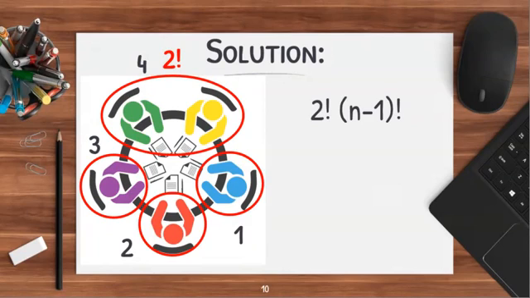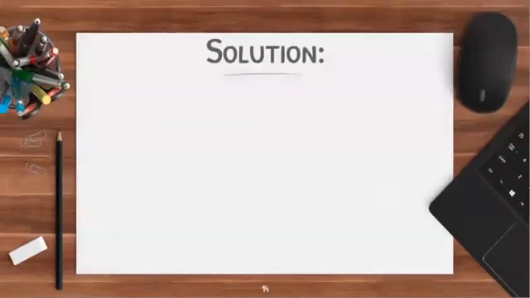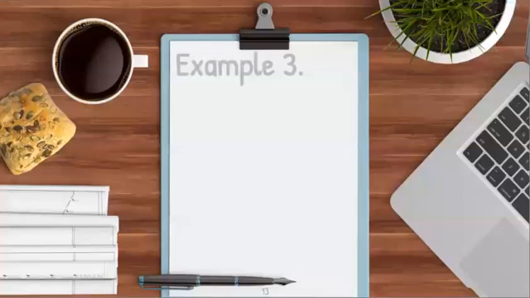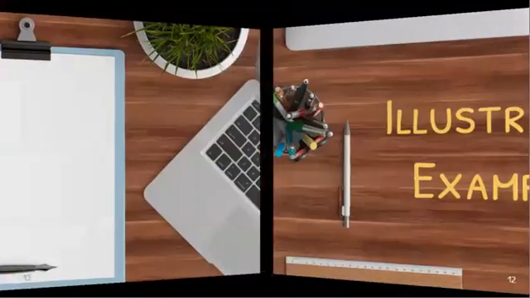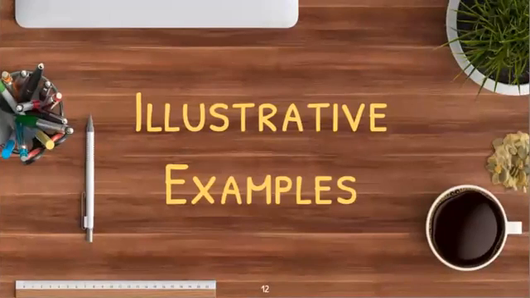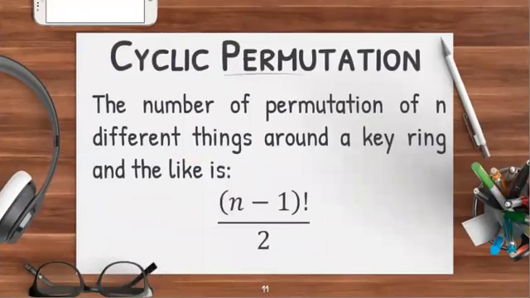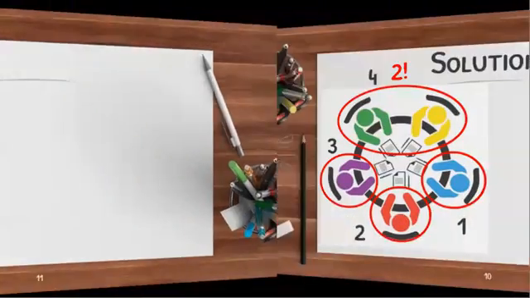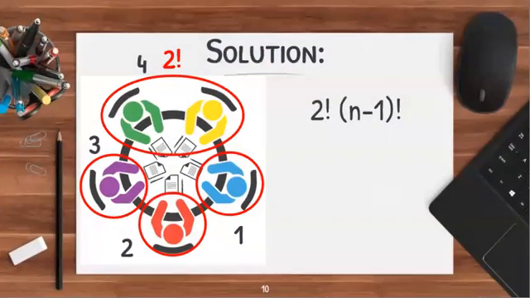So by substitution, copy lang natin. So going back po, we have 2 factorial times the quantity of n-1 factorial.